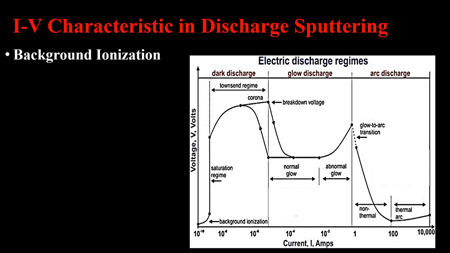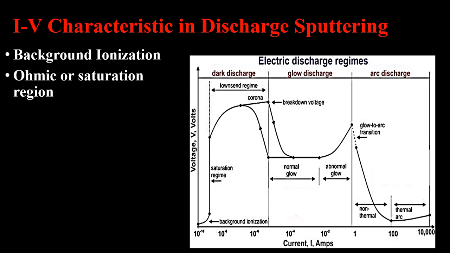The first region is the background ionization. When the electrons traveling from the cathode have lesser energy or are in lesser amount, there will be a kind of background ionization of the inert gases.